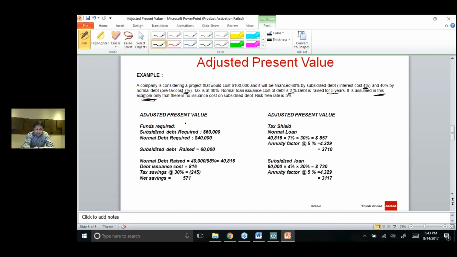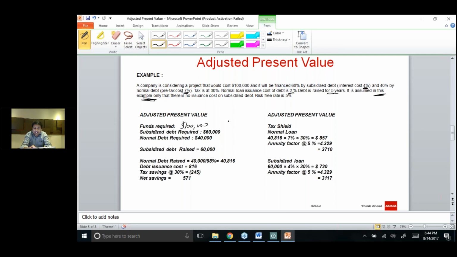So funds required is equal to 100,000. In exam, normally funds are required for the initial cost, like plant and machinery, land, building, or working capital. So in this example, funds required are $100,000.